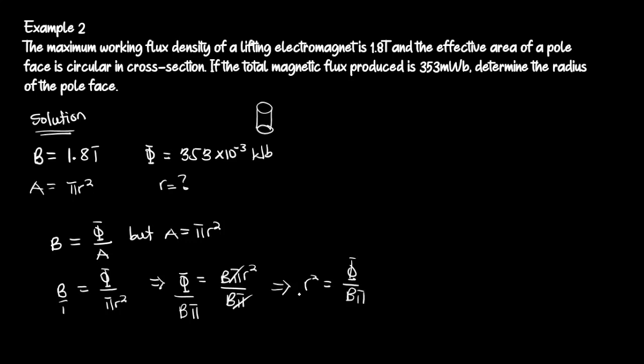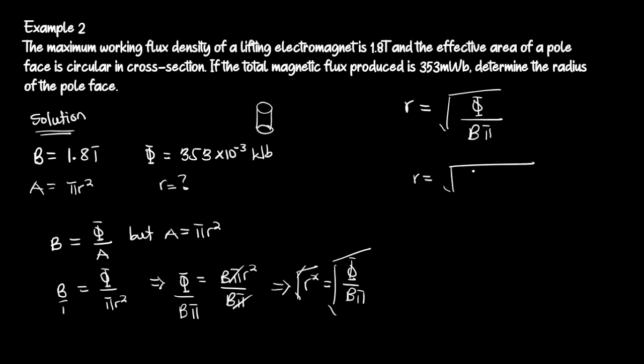So from here I want r, not r square, so I take the root of both sides, and then this will cancel this. So therefore the formula for calculating the radius in this case will be equal to the root of phi over B pi. Okay, so my radius in this case will be equal to the root of my phi given in this question, which is 353 times 10 raised to the power minus 3, all over the B that I was given, which is 1.8, and then I add the pi to it.